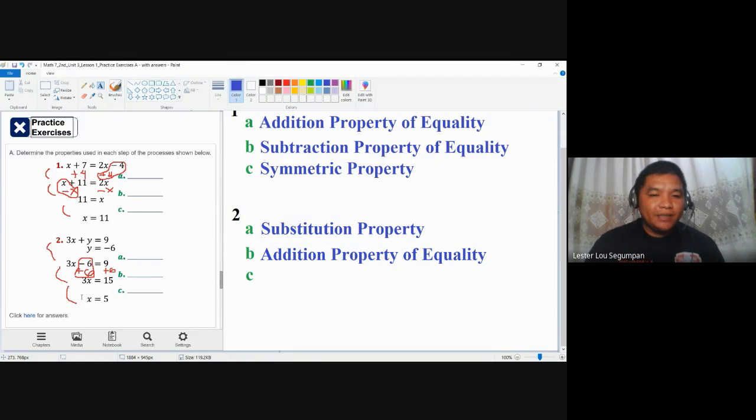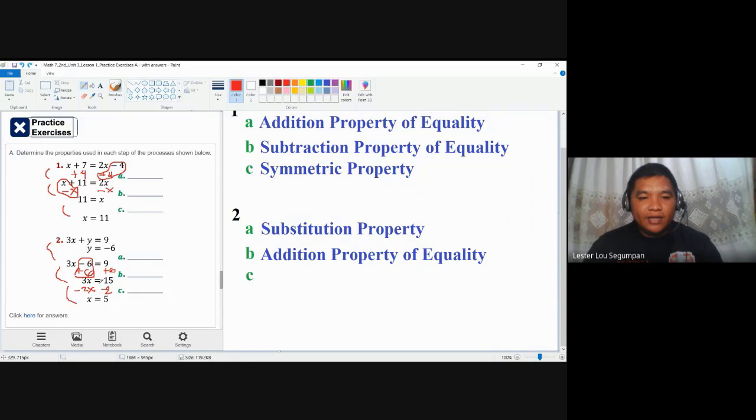As for the last part, from 3x it became x. So you might say, sir, we have subtracted here 2x. But if you do it on the other side, 15 minus 2x will not result in 5. So you might be saying it's correct for one side, but incorrect for the other side. In short, the whole thing is not subtraction.